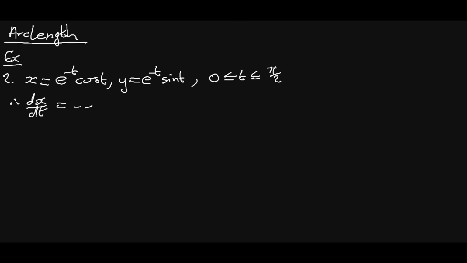So it will be minus e raised to minus t cos t, plus e raised to minus t times the derivative of the cos, which also has a minus, sine t. Maybe we can simplify a bit. Minus seems to be common, and the exponent is also common. This leaves us with the cos function on the first term, plus the sine function on the second term.